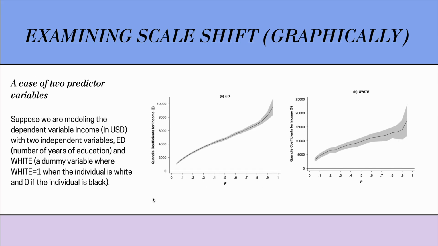This is an example of how to examine scale shift graphically. Suppose we have a model and we are modeling the dependent variable income in US dollars with two independent variables, ED, or the number of years of education, and white, a dummy variable where white equals 1 when the individual is white and 0 if the individual is black.